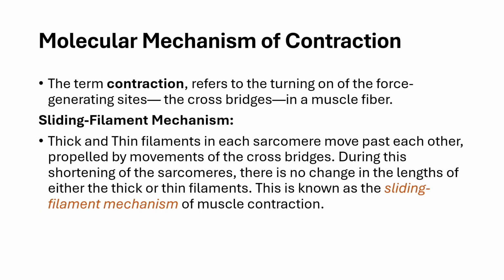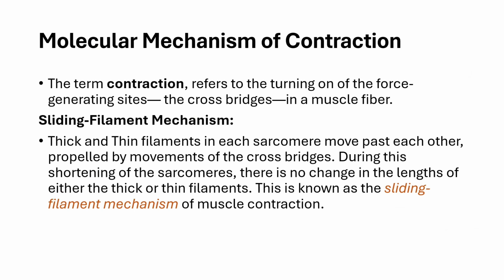Let's discuss the molecular mechanism of muscle contraction, which is centered around the interaction of thick and thin filaments within the sarcomere. The term contraction refers to the activation of the force-generating sites in muscle fiber known as cross bridges. These cross bridges form when myosin heads attach to actin filaments. The sliding filament mechanism is the primary mechanism responsible for muscle contraction.